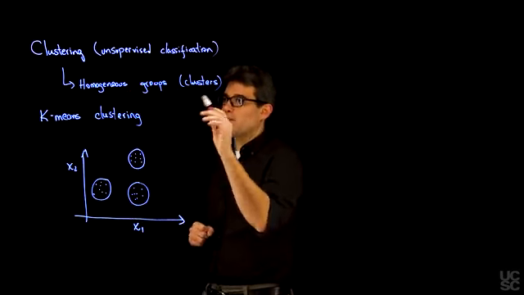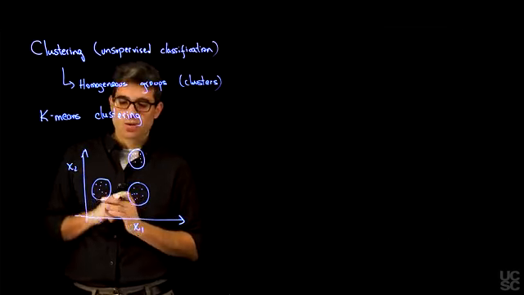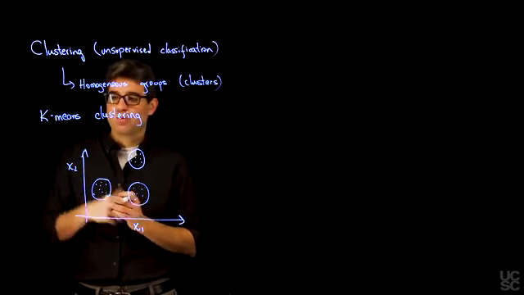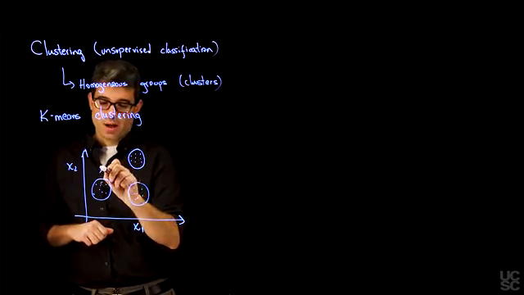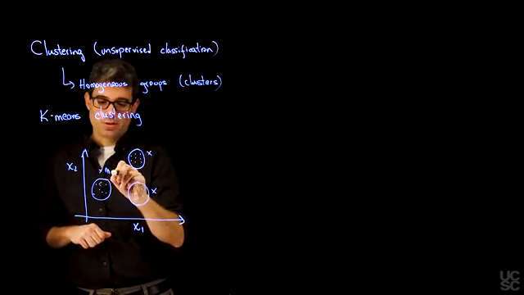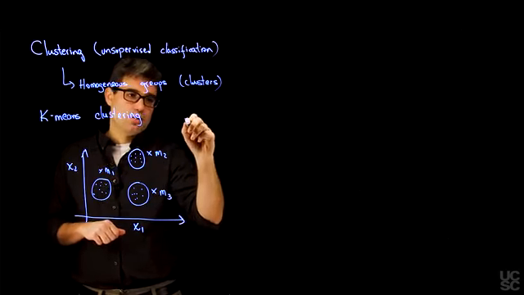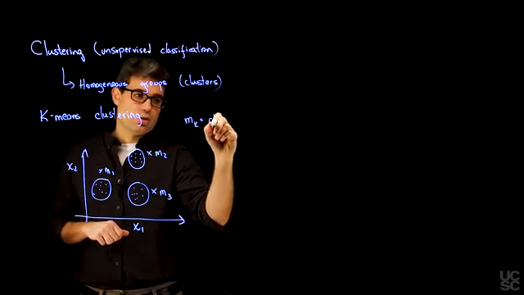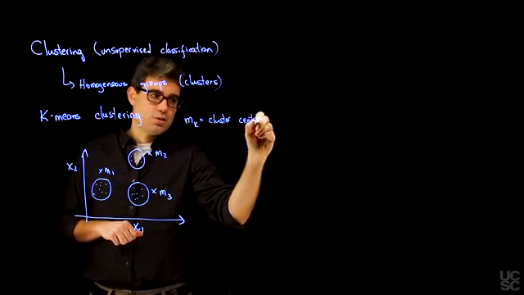So the idea of k-means clustering is to make a guess. You have to fix k. You have to decide how many clusters you want. But once you have decided how many clusters you want, you're going to start by setting up some cluster centers, say M1, M2, and M3, where M sub k are cluster centers.